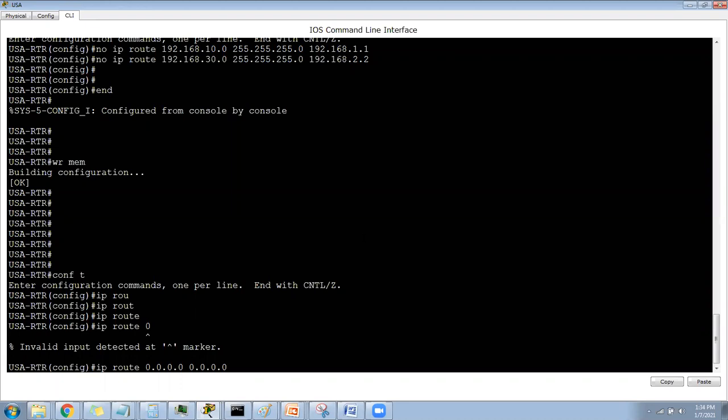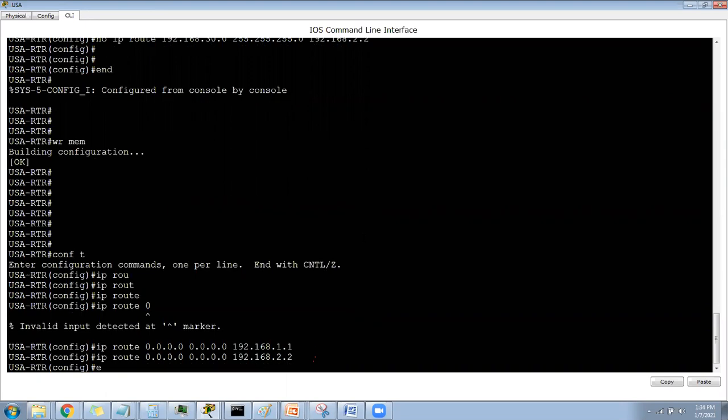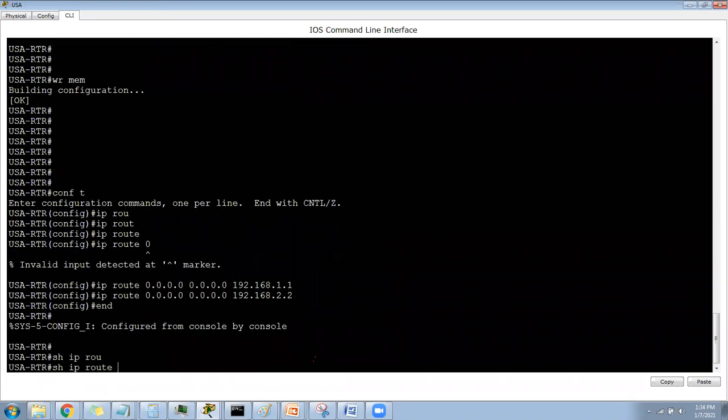There will be only one default route in the routing table, but just for practice we are using this. Here let's use the next hop 192.168.1.1. Done. We don't normally use two default routes, but just for understanding we are giving it here. On the right side, 192.168.2.2. Done.